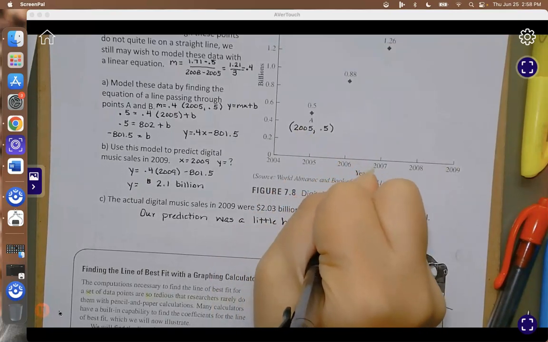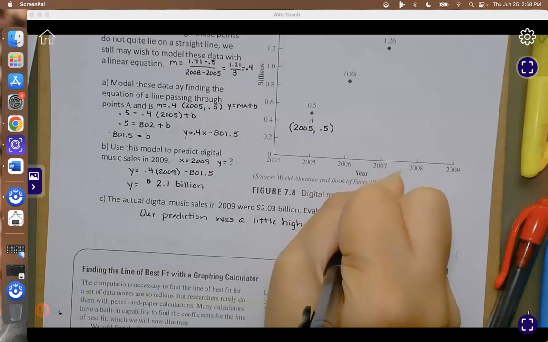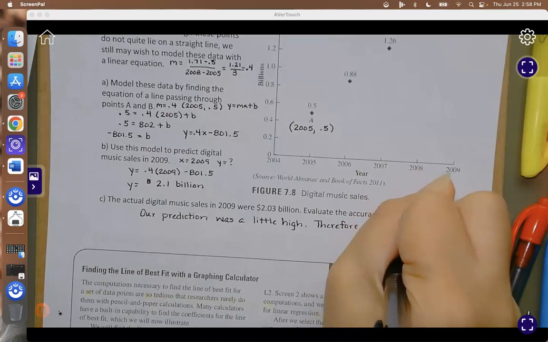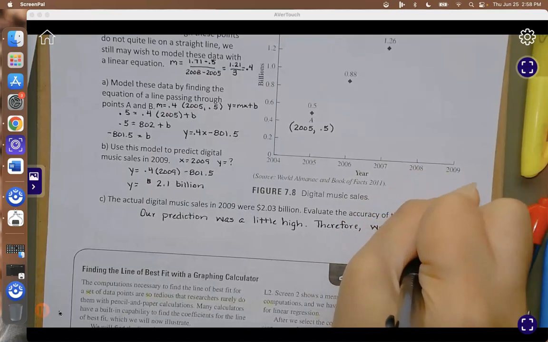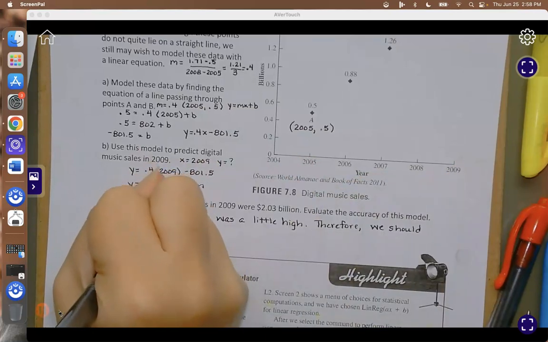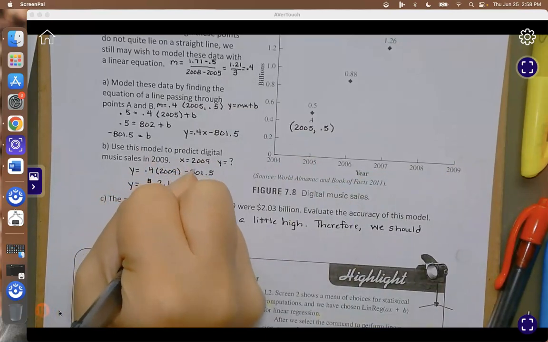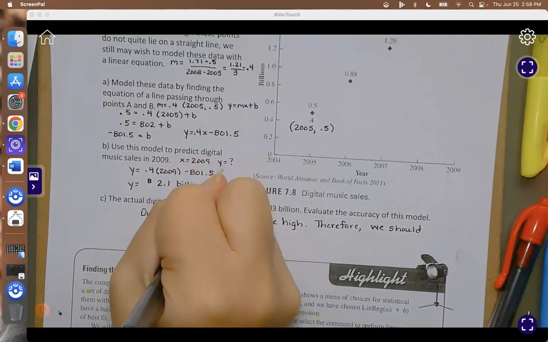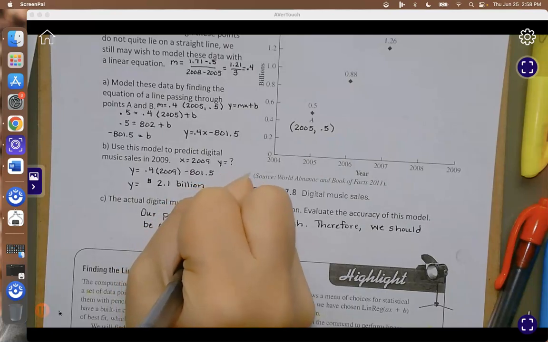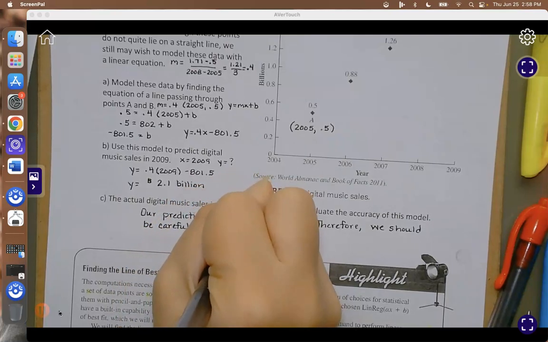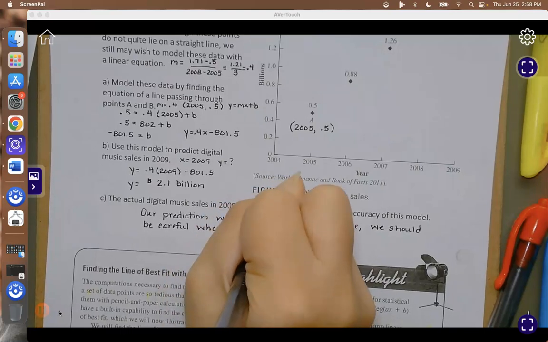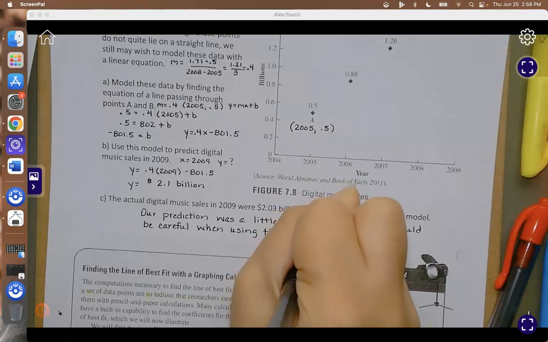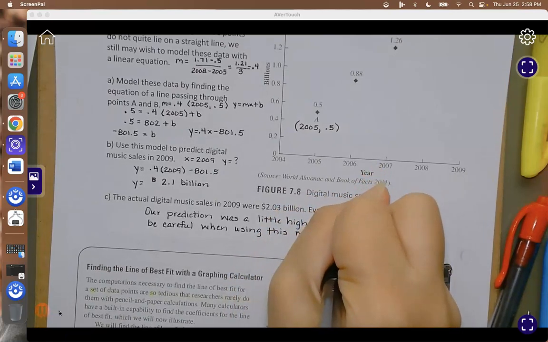Therefore, we should be careful when using this model for long-term predictions.